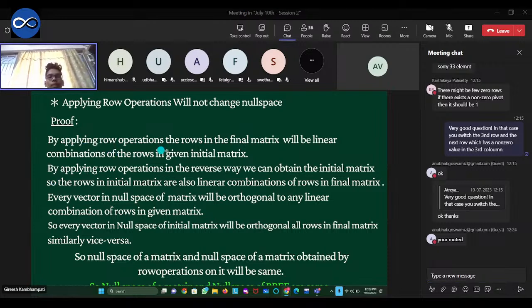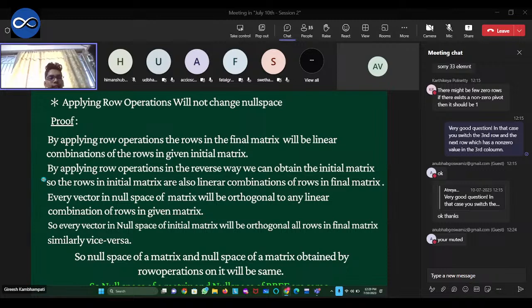So by applying row operations, the rows of the final matrix are just linear combinations of the rows of the initial matrix, and every vector in the null space is perpendicular to linear combinations of the rows also. If we apply row operations on matrix A, it is converted to A1. The rows of A1 are linear combinations of the rows of A, as we have discussed.